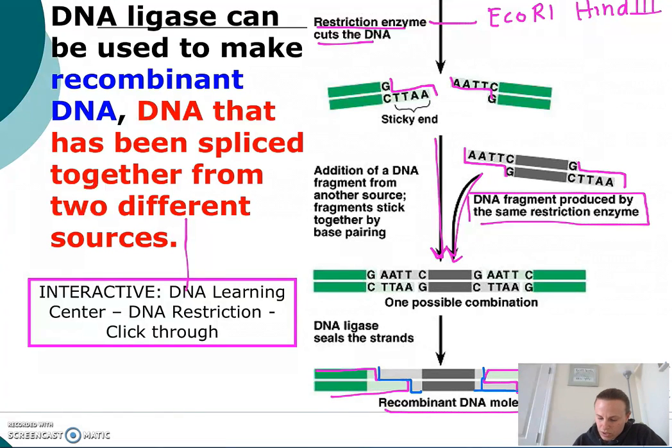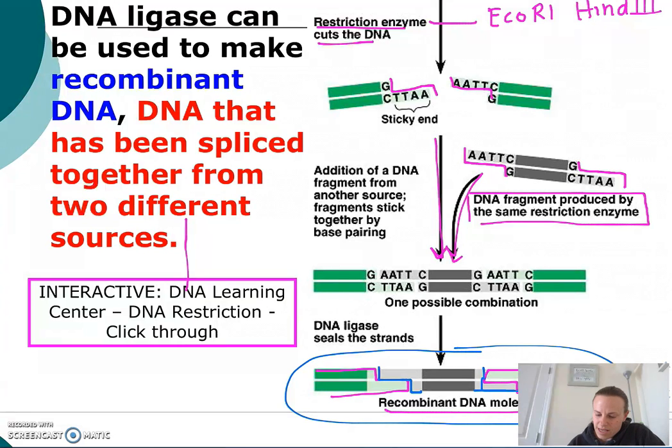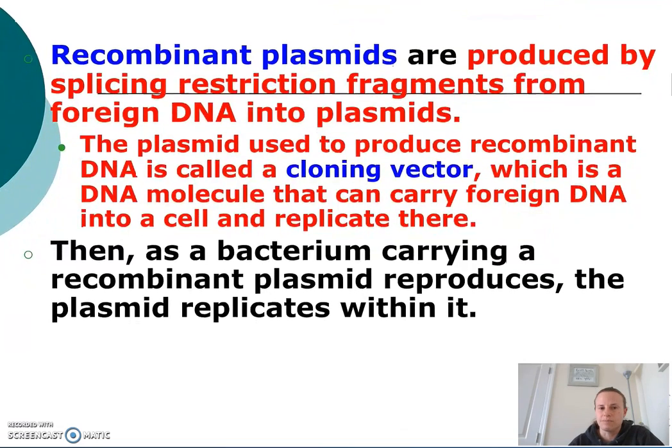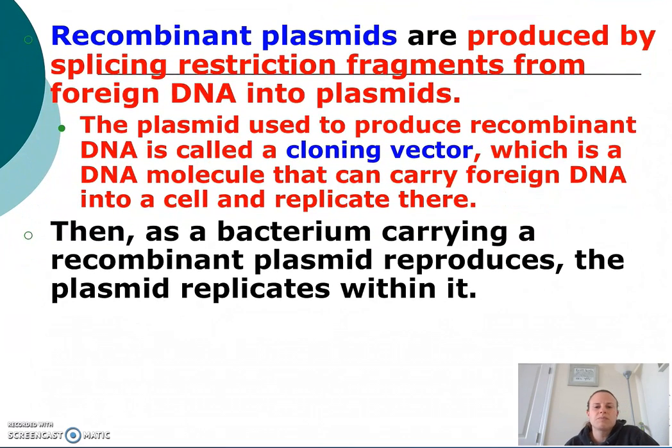So why would I want to create this recombinant DNA? Well, let's say this other source has the DNA fragment that contains the gene that codes for insulin, for example. Recombinant plasmids are produced by splicing these restriction fragments from foreign DNA into plasmids.